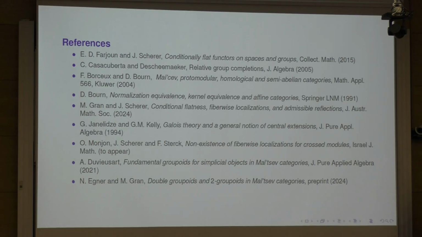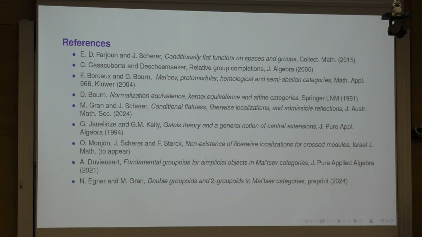Are there more questions or comments? Yes. I remember this counterexample in crossed modules by Mongeon, Scherer, and Sterk. I remember discussing this with Florence, and she said to me that this is the first categorical condition she knows which is not satisfied in crossed modules, but it is in groups.